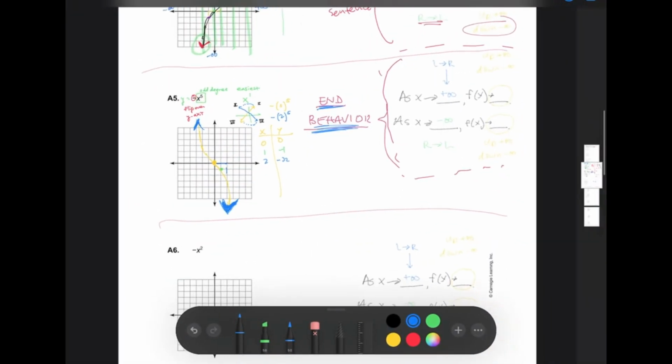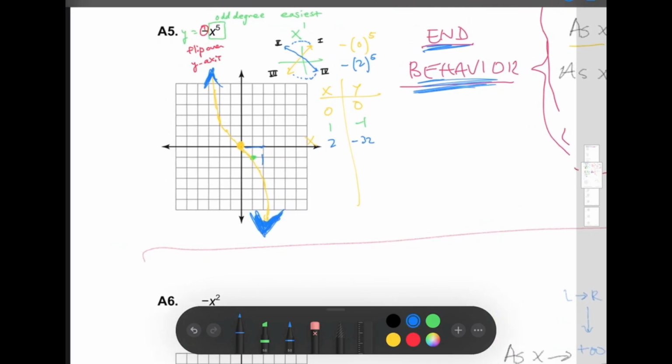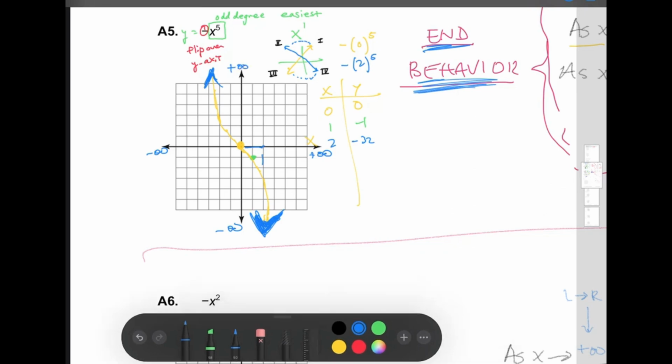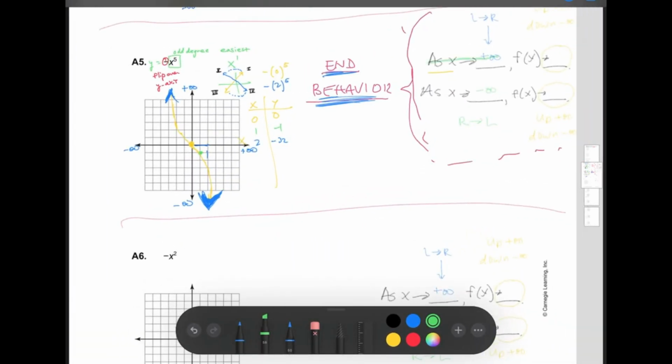Okay, so what does this end behavior sentence say? As x goes toward positive infinity, this is the x-axis, with negative numbers and positive numbers. This sentence only refers to just that axis right there.